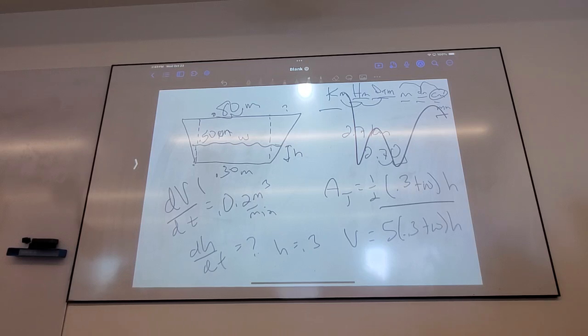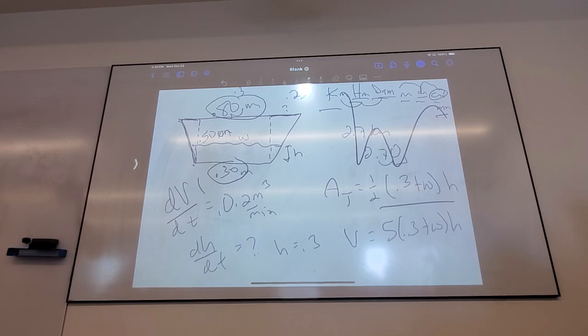Real quick, how long would this side be? Because it's an isosceles, meaning it's the same length on both sides. If this is 0.3 and this is 0.8, if I chop that off, there's 0.3 in the middle, there's 0.5 on the outside, so it's 0.25 on each side. And then you can use similar triangles there.